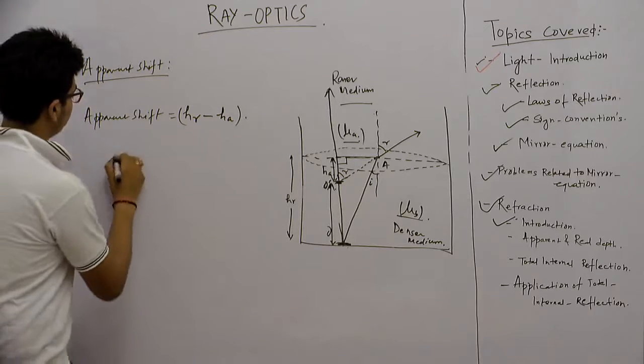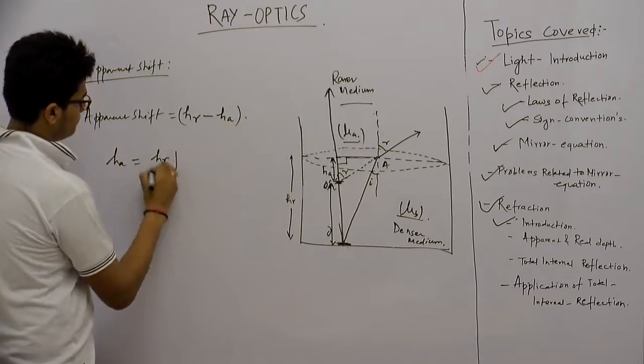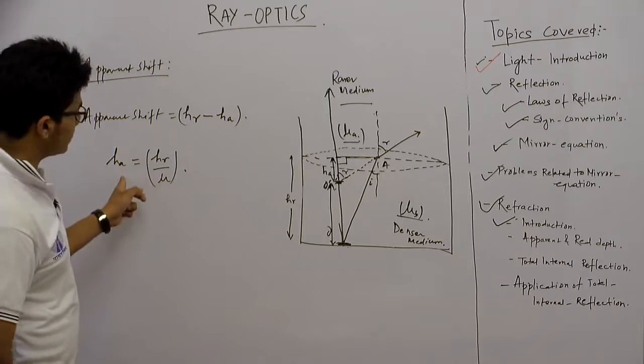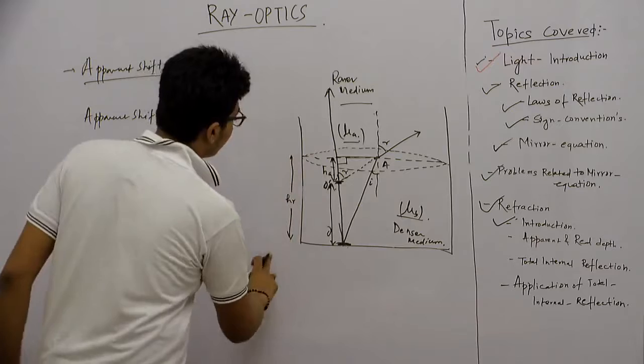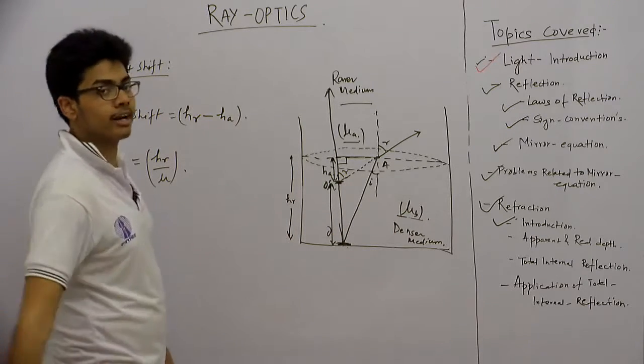And we know that HA is equal to HR by mu. As we see in the picture, HA, that is the apparent height, is equal to HR, that is the real height, into the denser medium refractive index divided by denser medium refractive index.